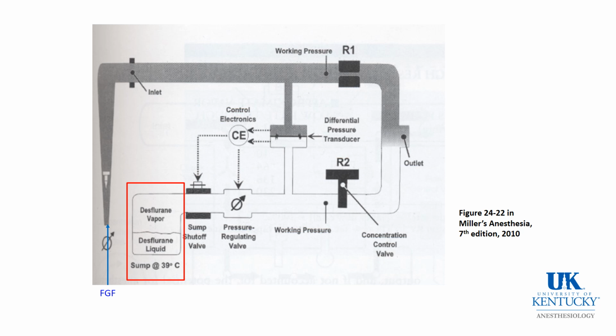By intricate electronic monitoring of the fresh gas flow and the pressure, there are control knobs that determine how much of this concentrated vapor should be added to the fresh gas flow to generate the proper concentration of the agent. Very intricate, but very accurate.